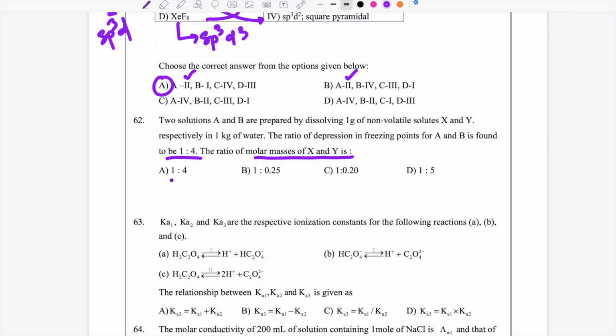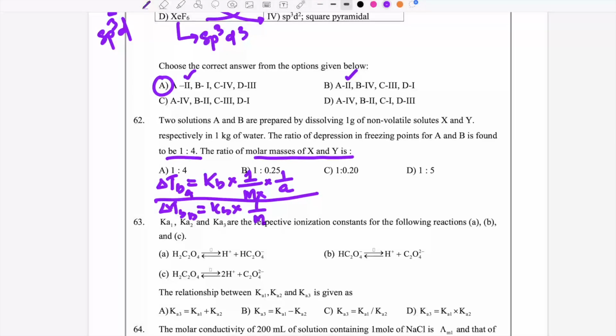For A solution, delta T equals Kf into number of moles, which is 1 gram divided by molar mass of X, into molality, which is 1 by a in kilograms. And for the second, delta T for B is also Kf again, 1 over My into 1 over a.